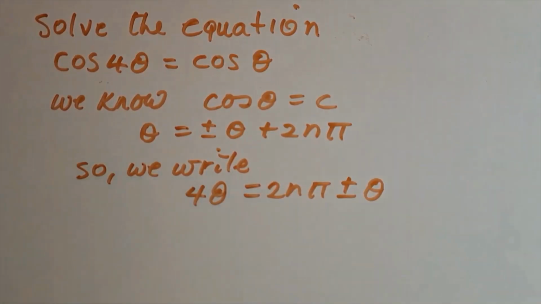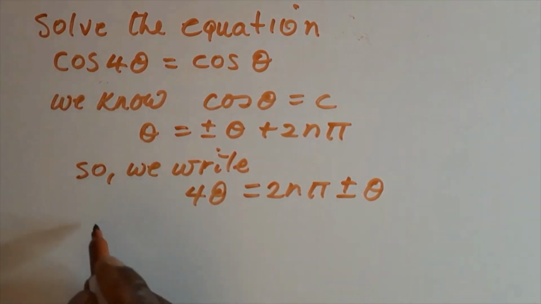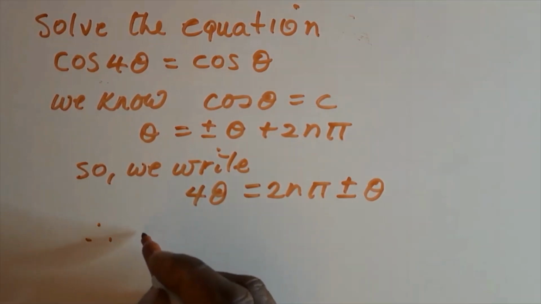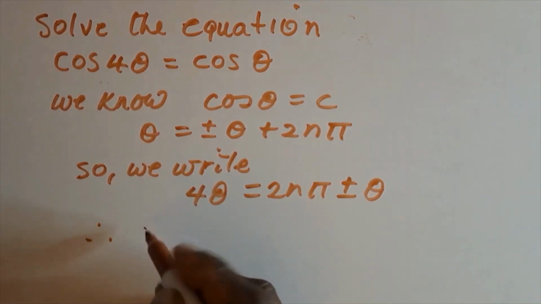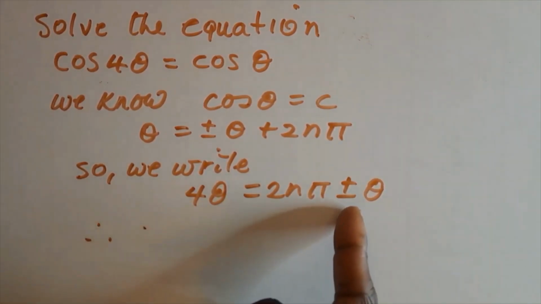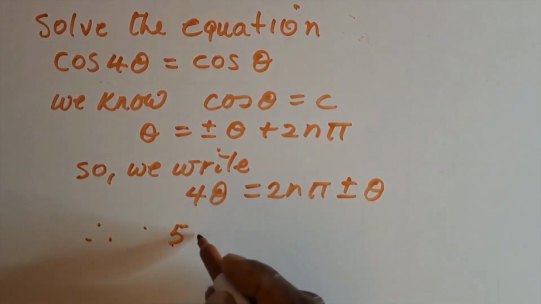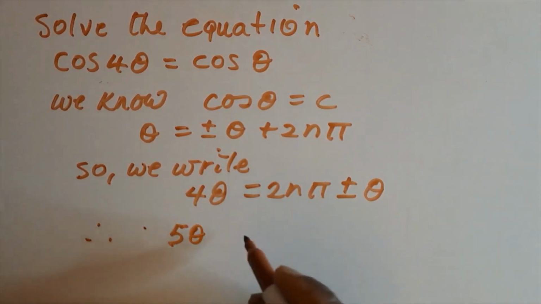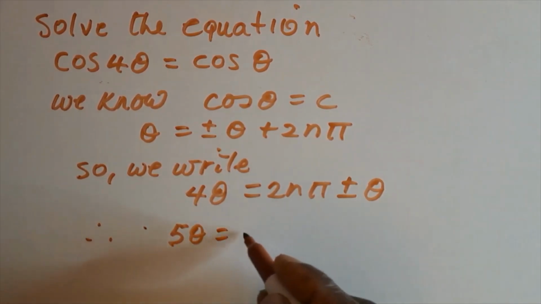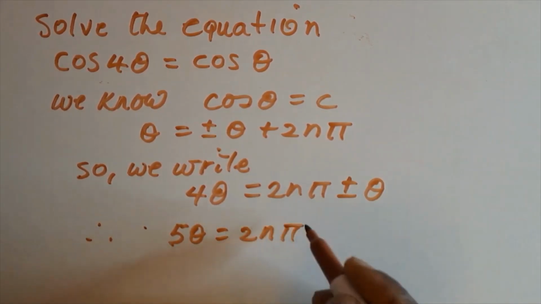And so we have two options here. We can write that we have 4 theta with minus theta, which will give us 5 theta, and that's equal to 2n pi.